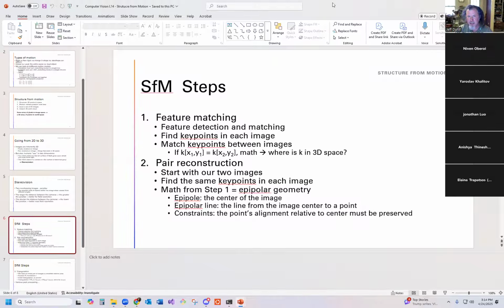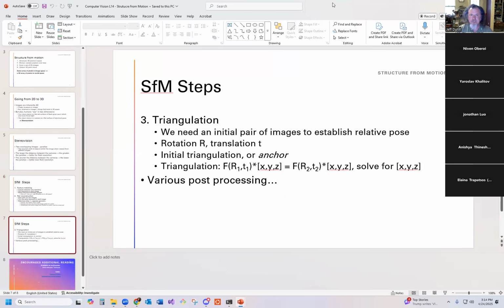And so you can look at the key point's position relative to the epipole in both images and throw all of your math at that, and that will give you your XYZ point in physical space of that key point. And so what you do after that is what's called triangulation, which is a fairly common term. It means something a little different here.